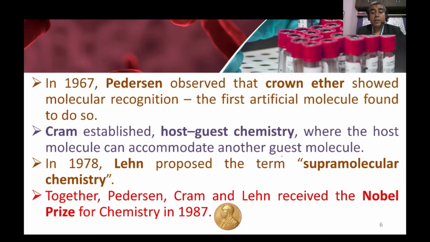Donald J. Cram established host-guest chemistry, where the host molecule can accommodate another guest molecule. In 1978, Lehn proposed the term supramolecular chemistry. Together with Pedersen, Cram, and Lehn received the Nobel Prize for Chemistry in 1987.